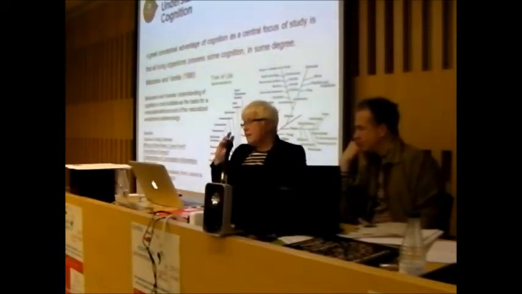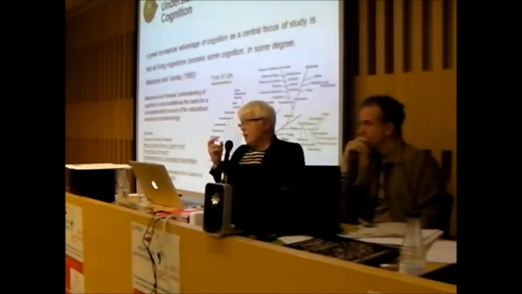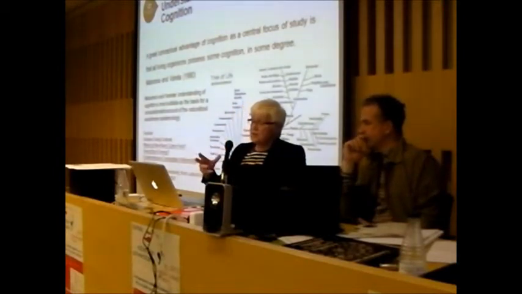If you want to understand anything in biology, you must take into account evolution. It's completely impossible to understand biology without evolution. And this is a suggestion of how you can understand the simplest organism as a cognitive system. That's the idea of Maturana and Varela, the Santiago of Chile School of Cognition.